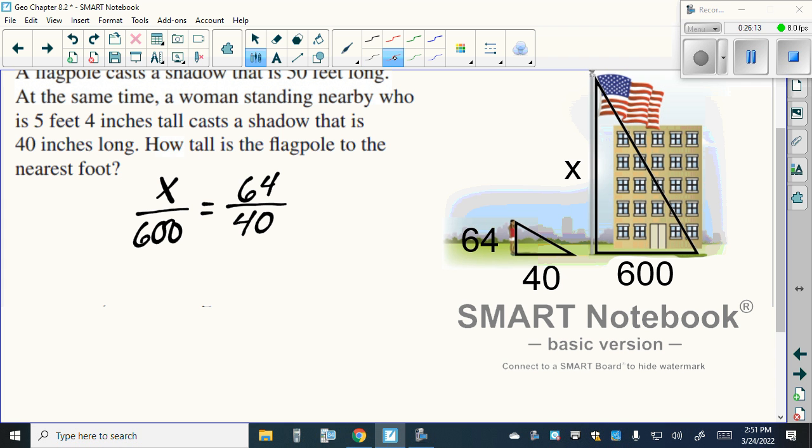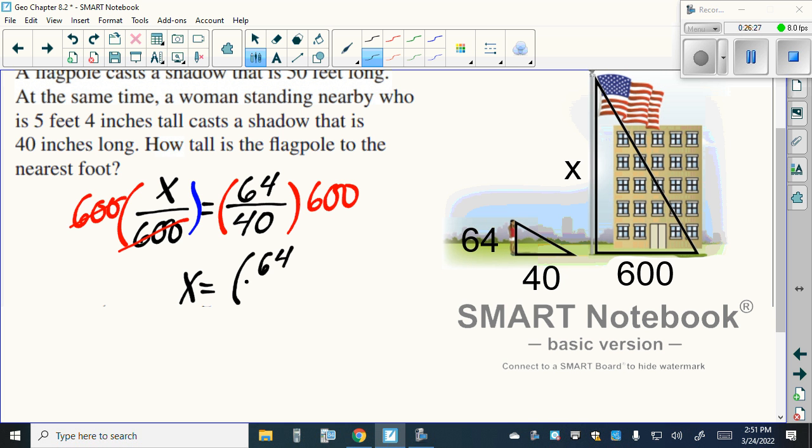Now the first thing we would do is multiply both sides by 600, so that the 600 and 600 would cancel. Then x is equal to 64 over 40 times 600. So 960.